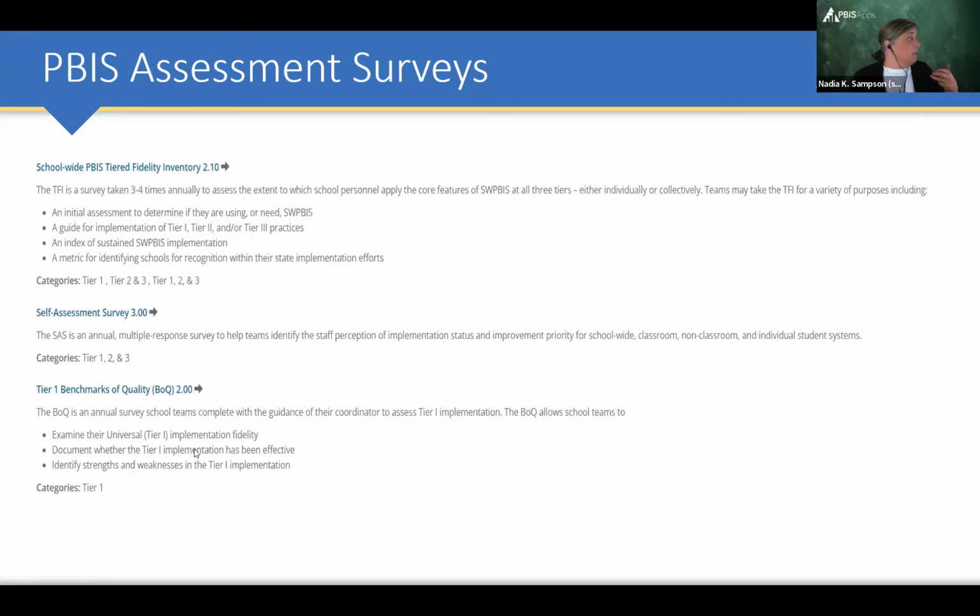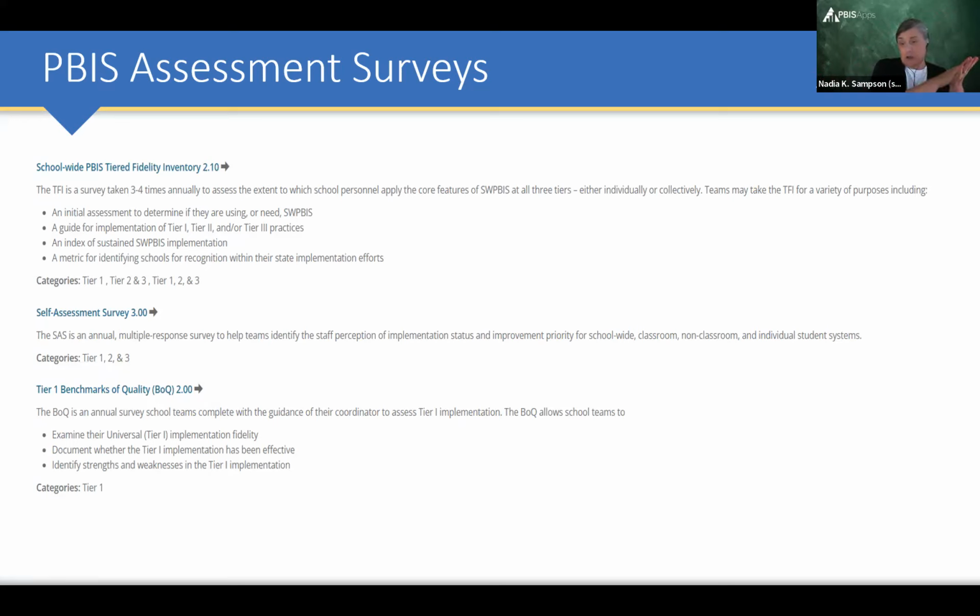And then the Tiered Fidelity Inventory, the TFI, is another one that's used to level your success of implementation for tier 1, tier 2, and tier 3. It's probably the most widely used tool right now. It's the one we tell people to go to, because no matter where you are in your implementation, if you're just now focusing on tier 1, you can just do the tier 1 section.